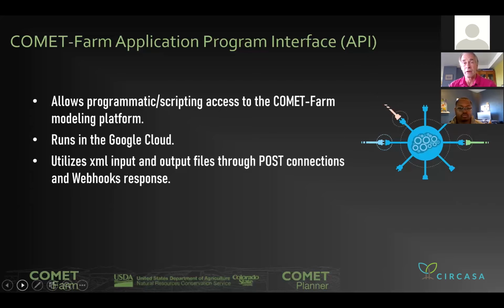So you can have a different kind of user input system. You can have a different tool entirely. The API runs in the Google Cloud, so we have that scalable. We've got a few users now that want to come in and do big batch runs of hundreds of thousands of simulations. So that's also available.